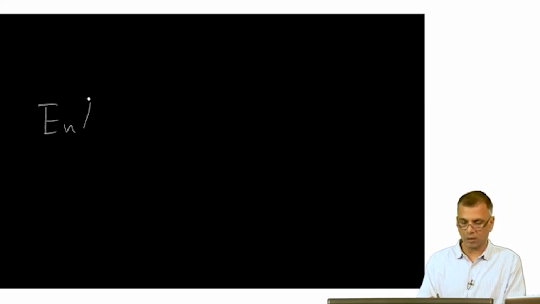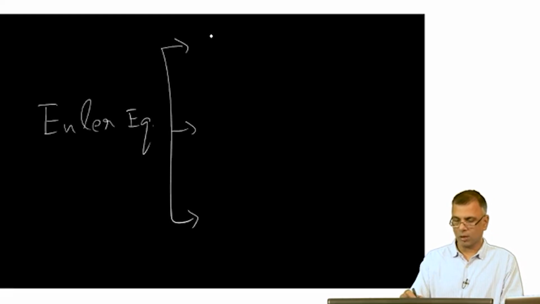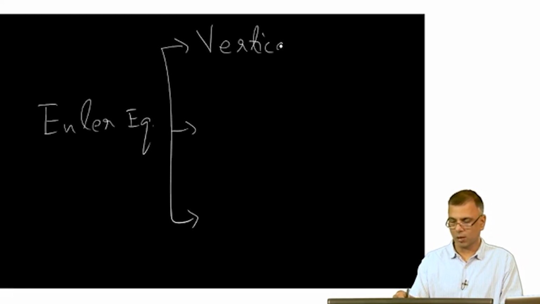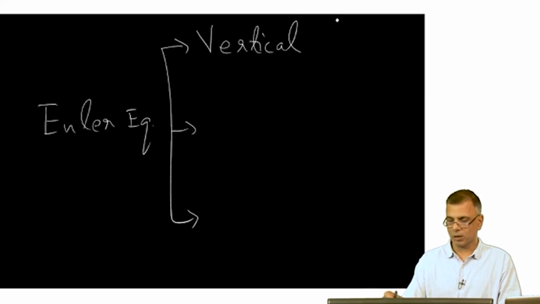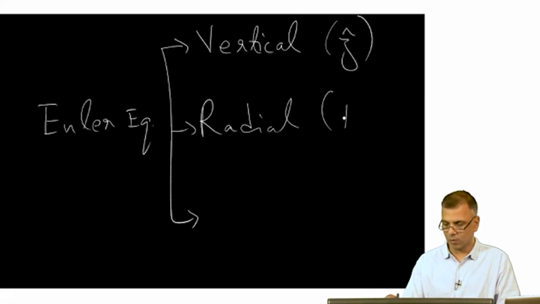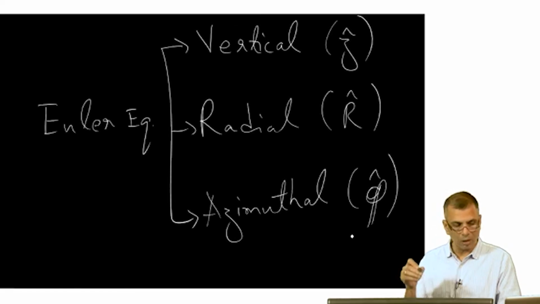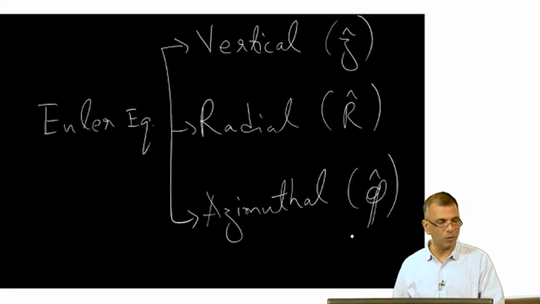We will consider the vertical component, which is essentially the z hat component, the radial component, which is the r hat component, and the azimuthal component. We will consider these three components of the Euler equation separately. It is important.